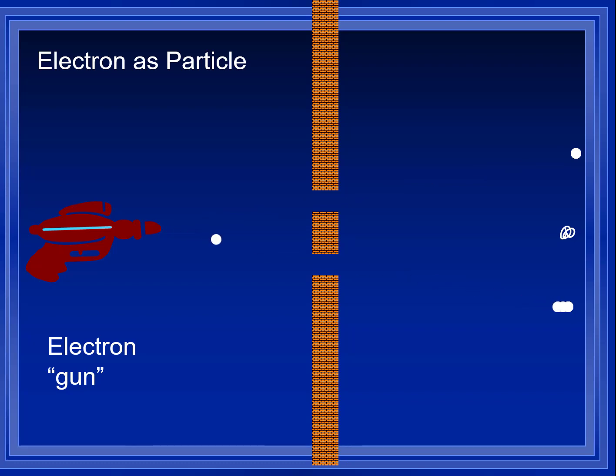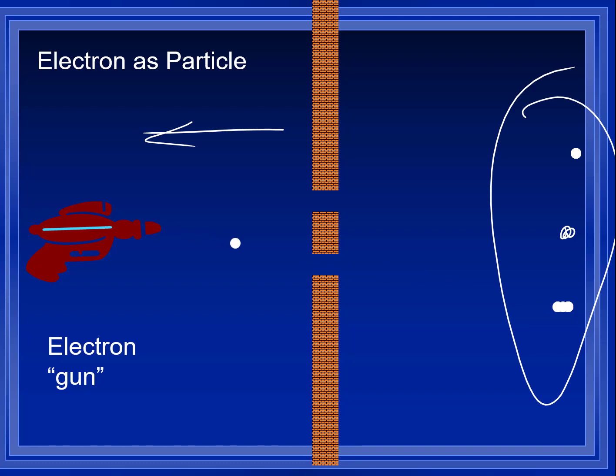I would not even have to look at any of this. If I just looked right here, the fact that I only saw two spots where things were hitting would tell me that it was a particle. Because that's what a particle will do. A particle will go through one hole or the other.